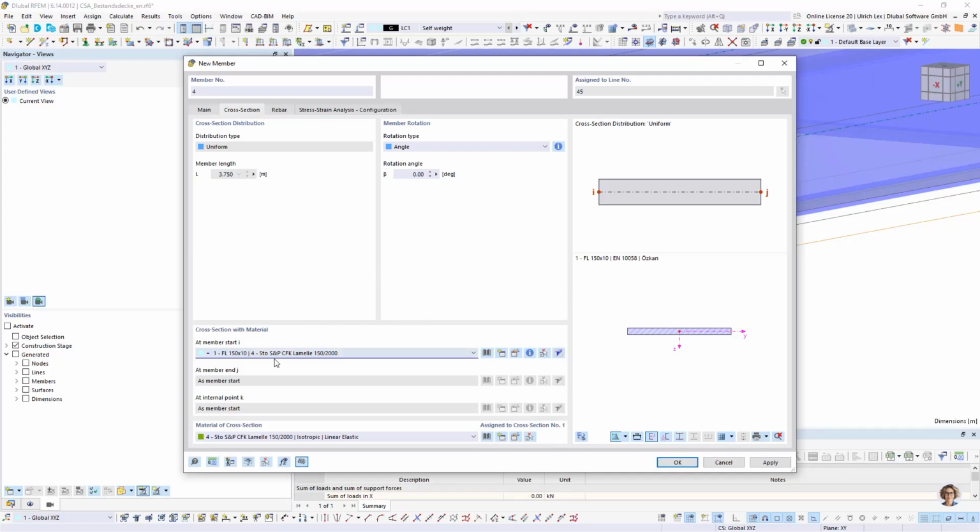So I choose here something like a bounded reinforcement. We have it in our material database. It's called CFK.